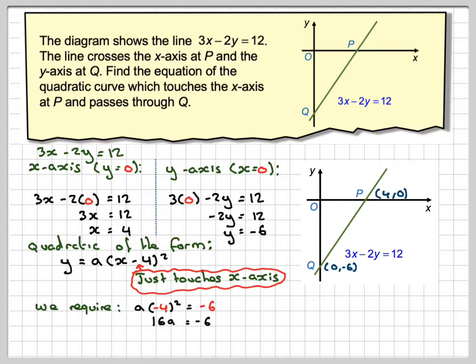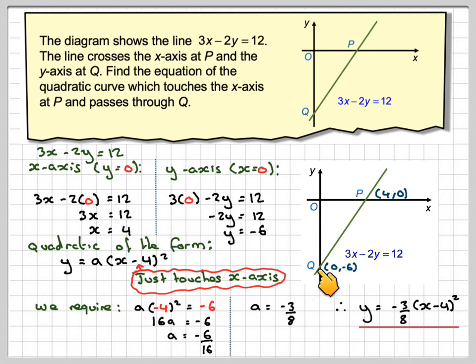So that means that 16a is equal to minus 6. A is minus 6 over 16, which means that a is minus 3/8, which means my quadratic is y is equal to minus 3/8 of x minus 4 all squared. Now we will expect it to be negative because it's like a sad face.